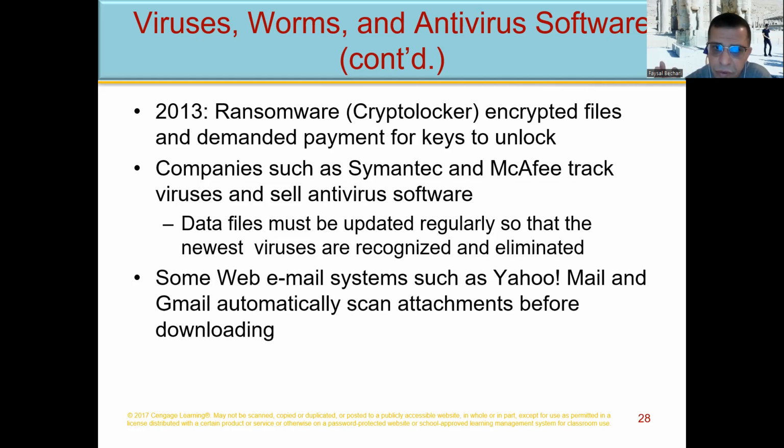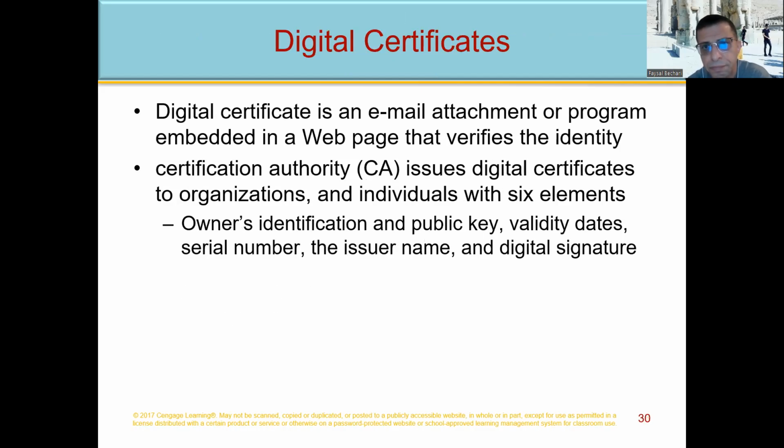And then you have Yahoo and Gmail, which are email systems. They do have these things. You can scan the attachment before you download it. A digital certificate is an email attachment or a program embedded in the web page that verifies the identity.